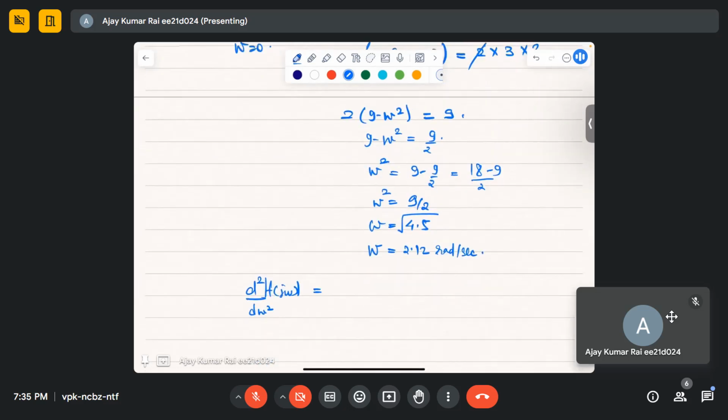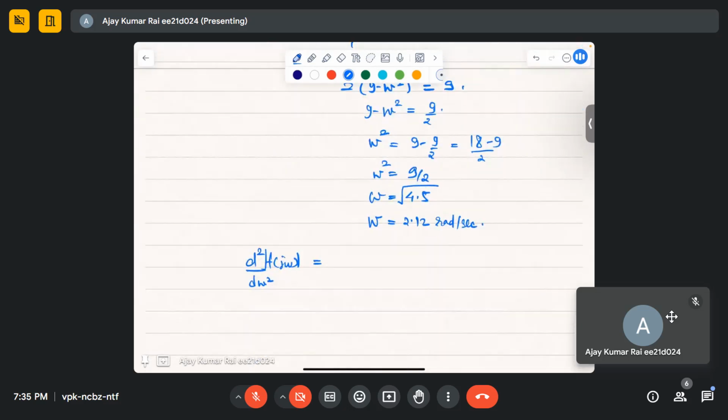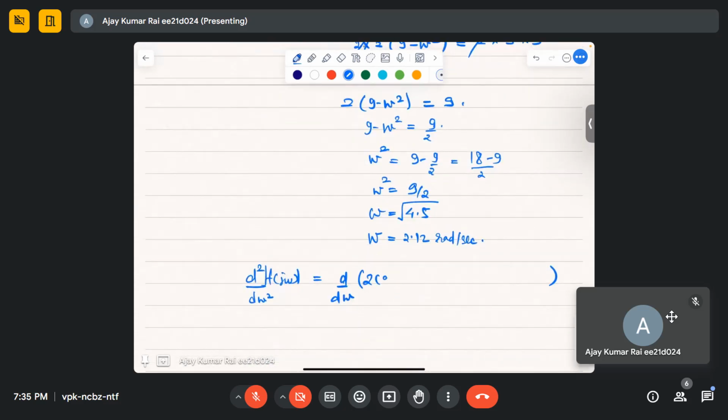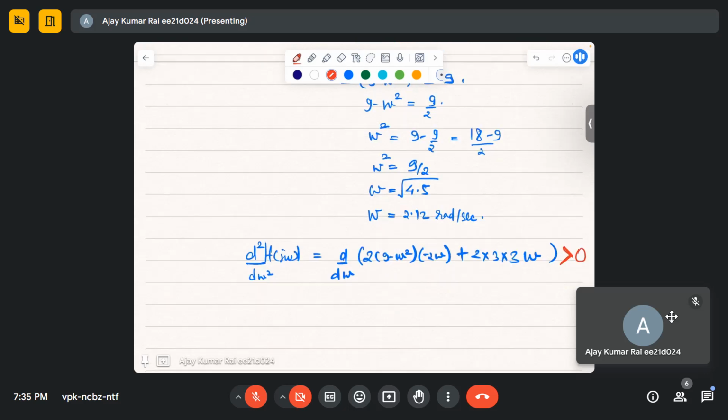Again, I'm not doing it, but what I'm saying is you just do differentiation of this. Your value should be greater than 0 because we are finding the minima here. It should be positive, right? You'll find out that this will be positive, so we can say this is the resonant frequency.